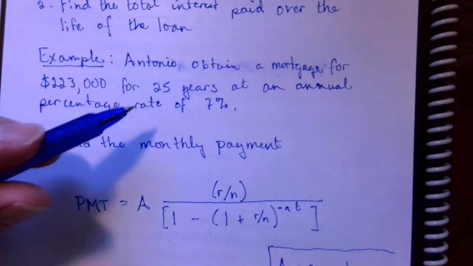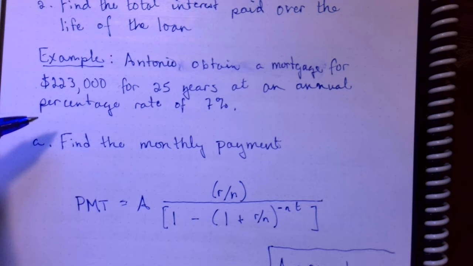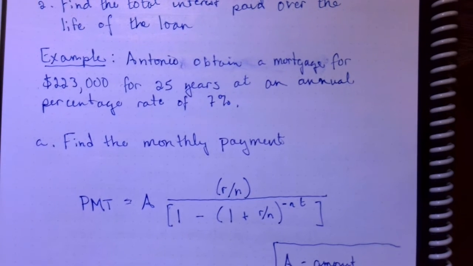It's a 25-year mortgage, and the annual percentage rate is 7%. Mortgages are typically 15 to 30-year loans. In this example we're looking at a 25-year mortgage.